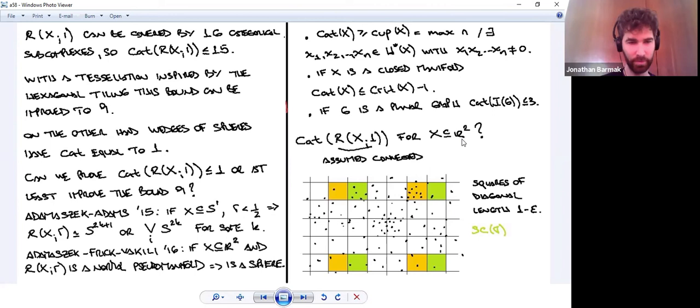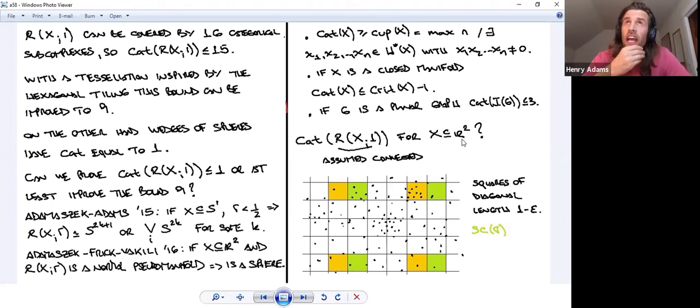And so I was curious, what is the category of something like S3 cross S3 or S3 cross S3 cross S3? Because your result is ruling out lots of examples along those lines, products of higher dimensional spheres that otherwise aren't ruled out by any results I know of.